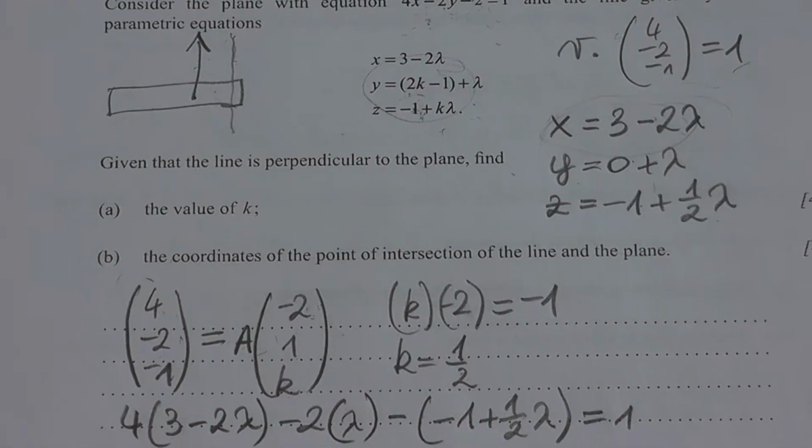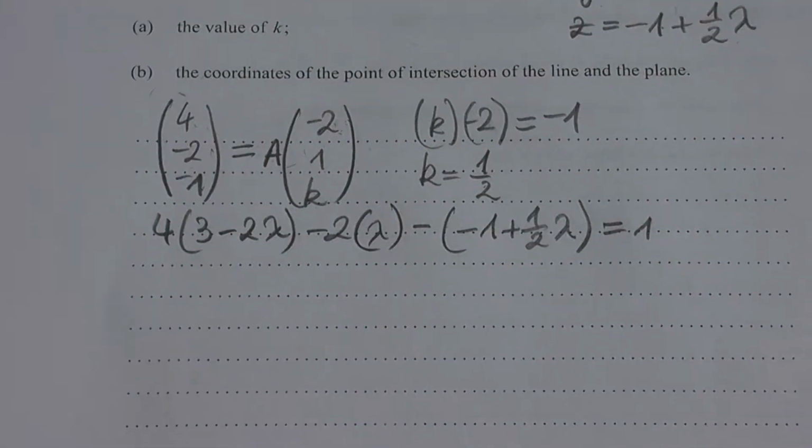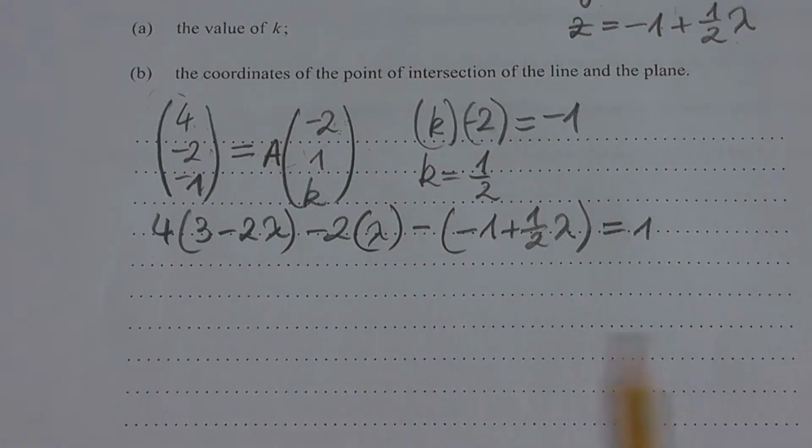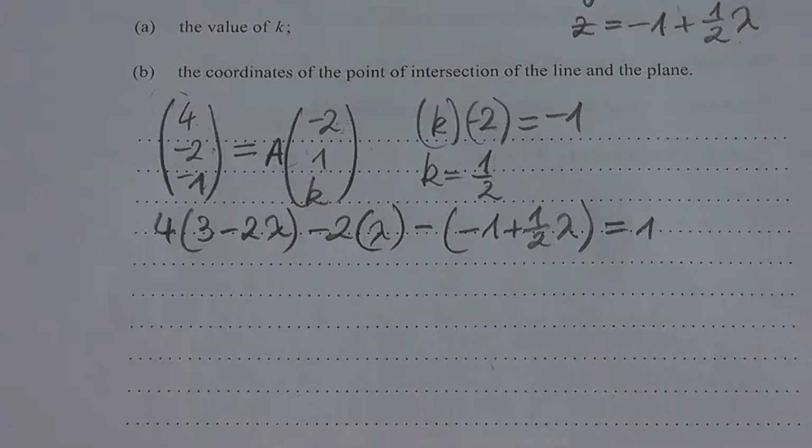We don't need this equation anymore. We're now just working with what we have at the bottom here. And all we have to do now is find lambda, which is a parameter. And then using that parameter, we're going to find the point.